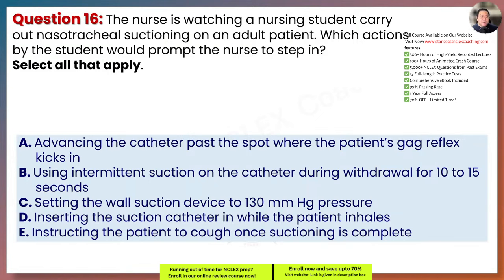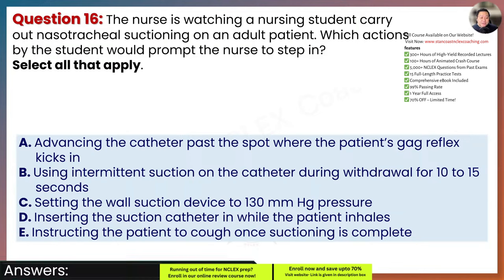C, setting the wall suction device to 130 mmHg pressure. And D, inserting the suction catheter in while the patient inhales. And letter E, instructing the patient to cough once suctioning is complete. So the correct answers here are options A and C.